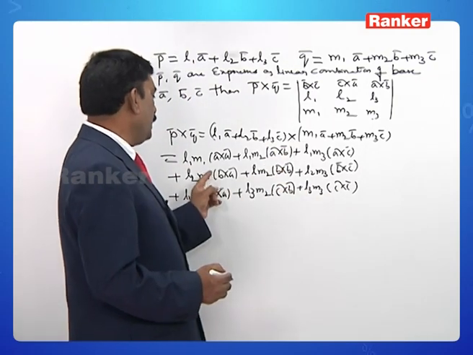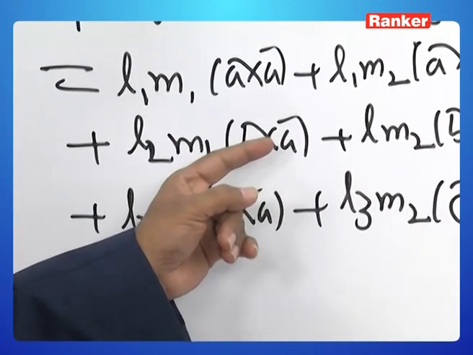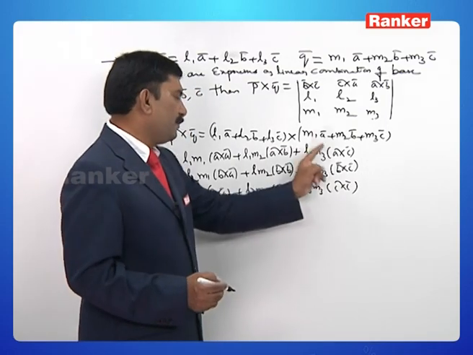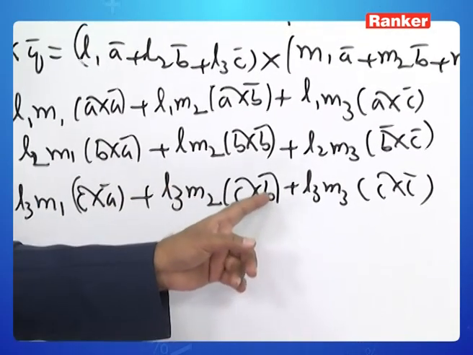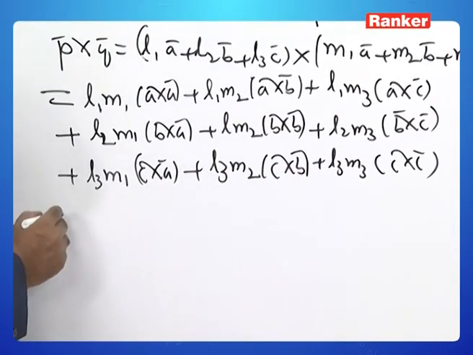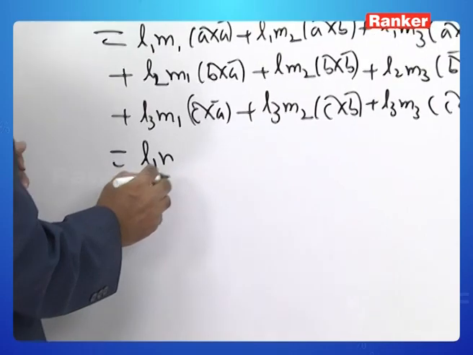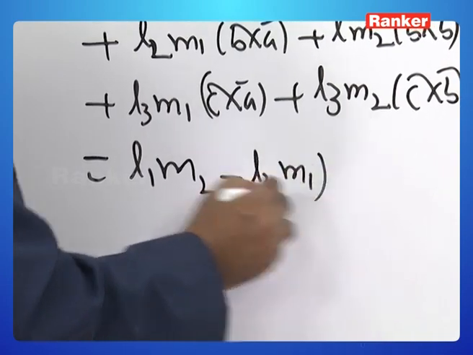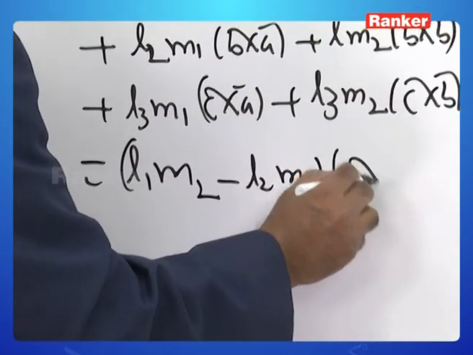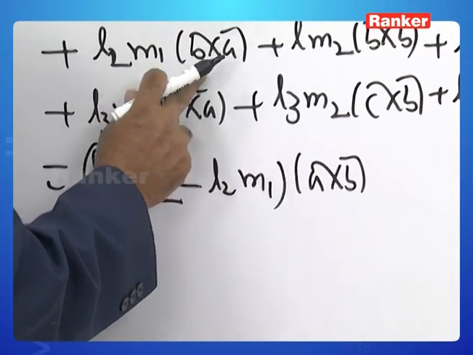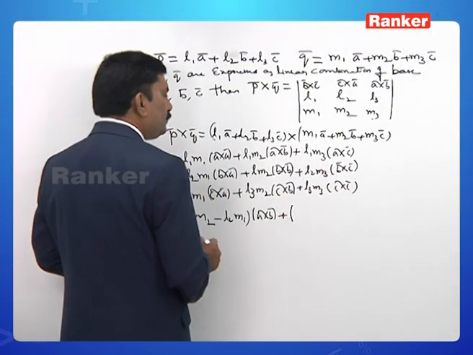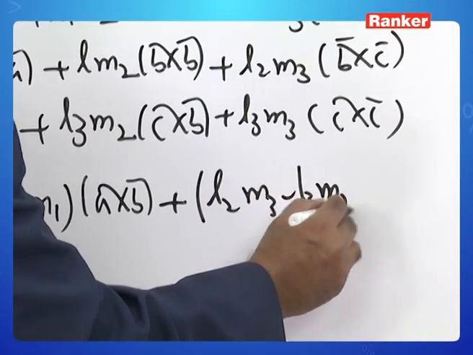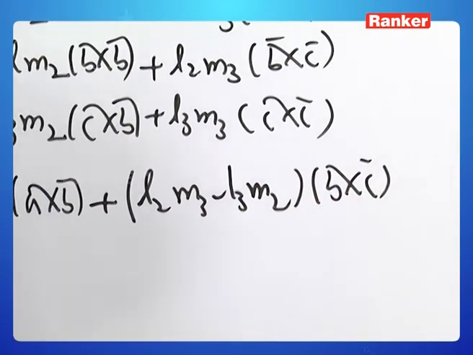Meanwhile, B cross A is equal to minus A cross B, and C cross A is equal to minus A cross C. So I can write L1 M2 minus L2 M1 into A bar cross B bar. Next, L2 M3 minus L3 M2 into B bar cross C bar.